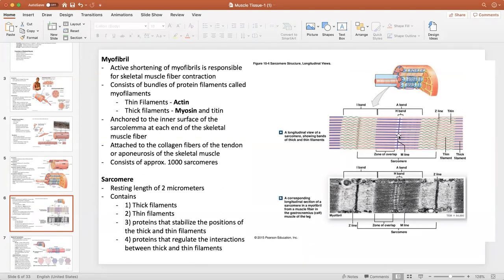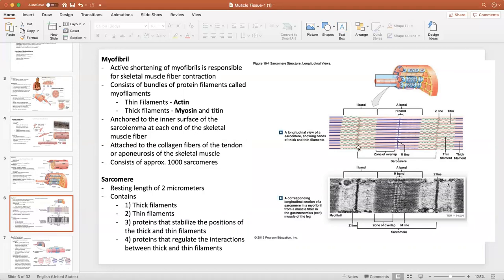Okay, so as we shorten, we're going to look at this makeup of each of these filaments here. But as we shorten, you can see that the H band gets smaller. As these thin filaments come together, this H band gets smaller. The A band gets smaller. But the zone of overlap increases.